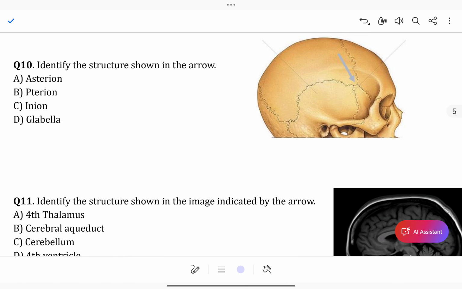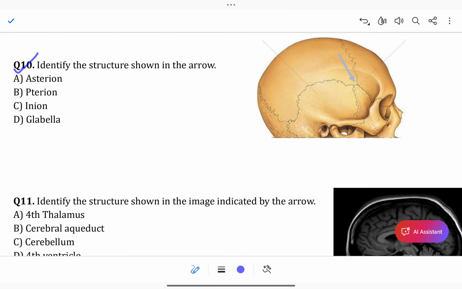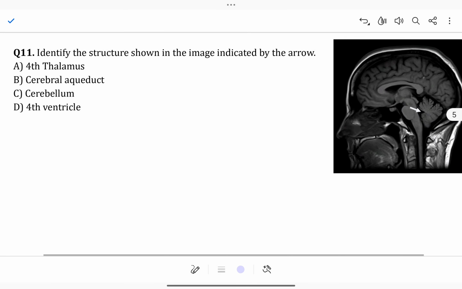Question number 10. Very easy. No need to explain too much detail. Identify the structure shown by the arrow. This area is very important, a very easy question. Pterion.